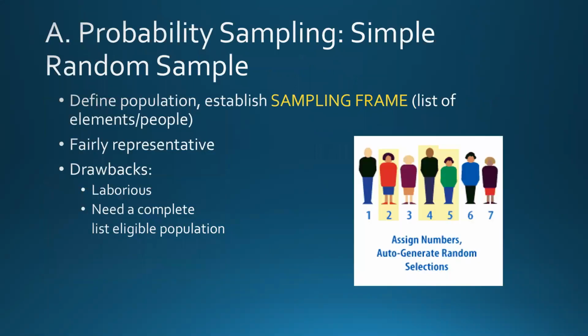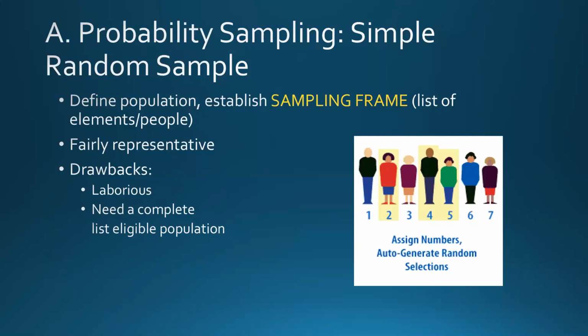A simple random sample, we define first who the population is, and then we decide what kinds of characteristics of people in that population we want to select, and that's called a sampling frame.